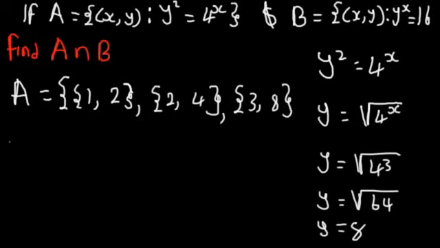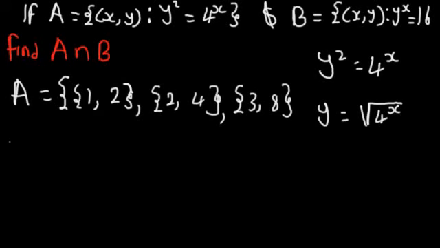Okay. So when x is 4, what will be the value of y? So y will be equals to the square root of 4 raised to the 4. And 4 raised to the 4 is simply equals to what?